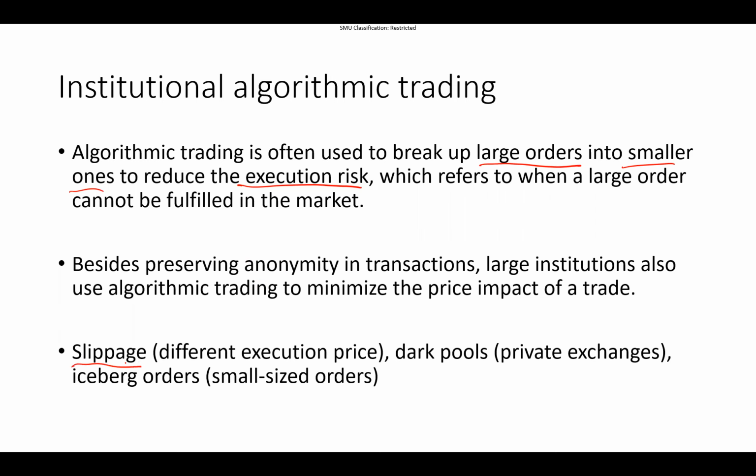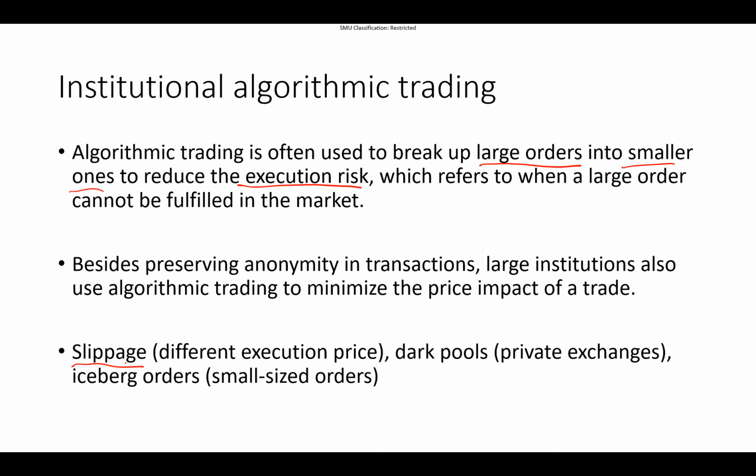So one is slippage, which is the price difference between the intended price and the actual execution price. So if I want to transact, sell at $1, right? But when the transaction happens, the actual price may not be $1. It could be higher, it could be lower, right? So this is called slippage.